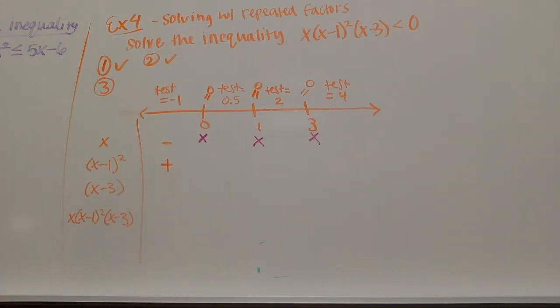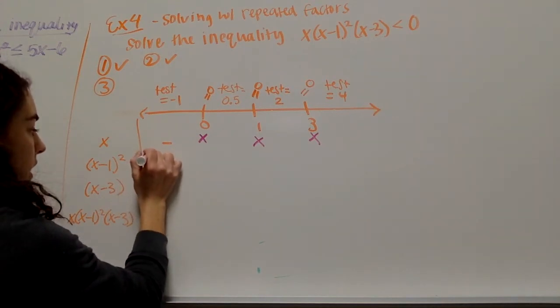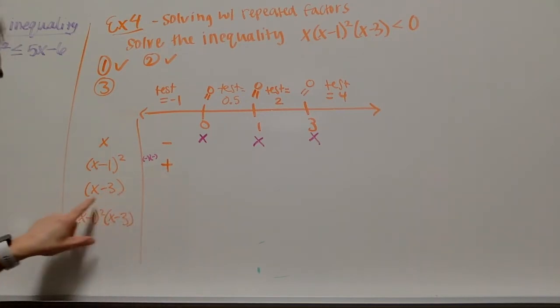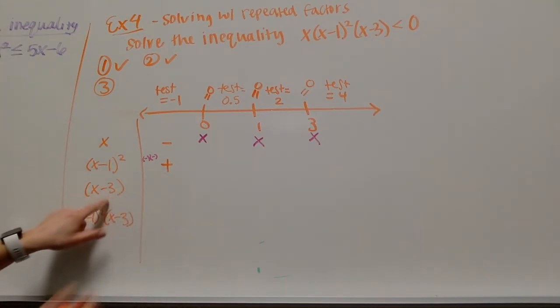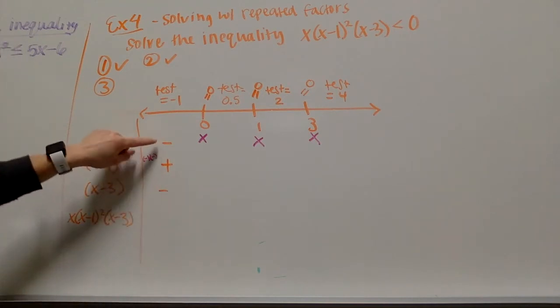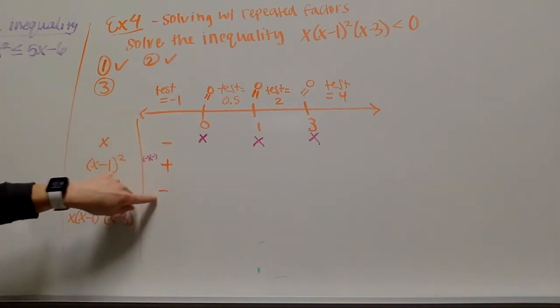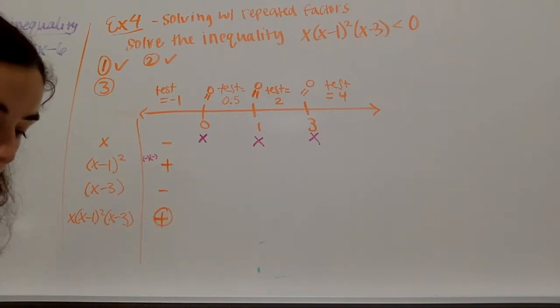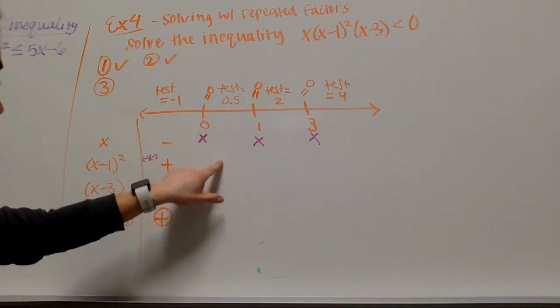If you want to take a little note, you can: negative times a negative equals a positive, okay? But what we want is just that positive value. And then if you plug in the -1 here, you get a negative. And a negative times a positive times a negative gives a positive final value, okay? All right, and then we'll do the same here.